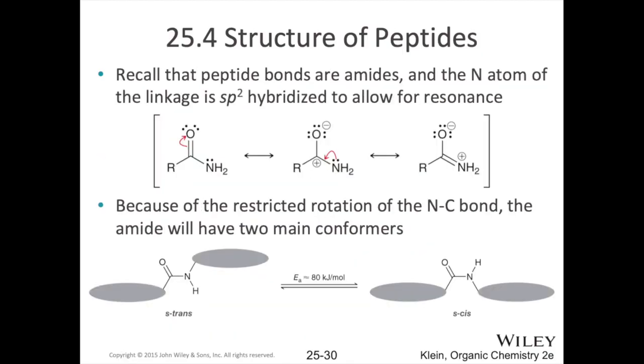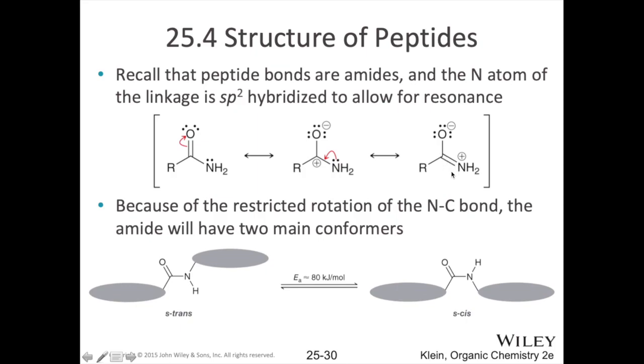Now, regarding the amide bond itself, the peptide bond that's basically an amide bond, you need to remember that that nitrogen does have some double bond character to it, or it is sp2 hybridized because that carbon-nitrogen bond has some double bond character to it, as you can see from this resonance structure.